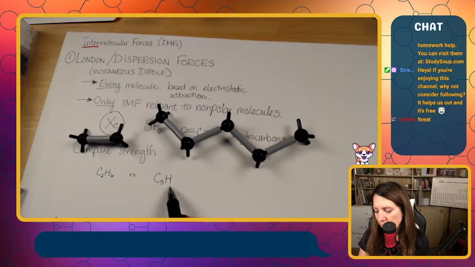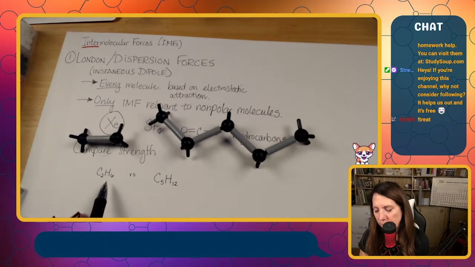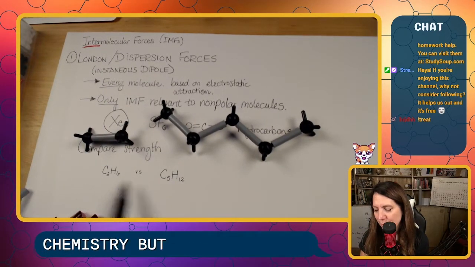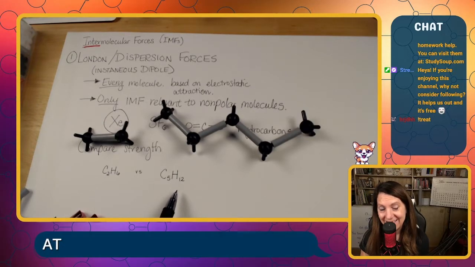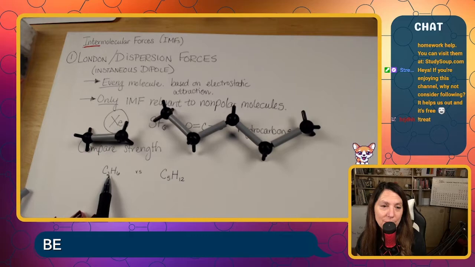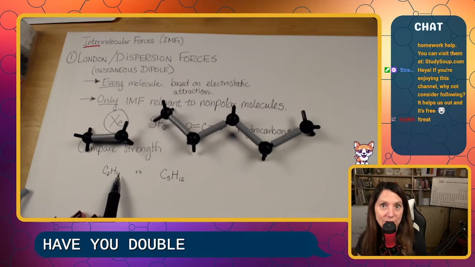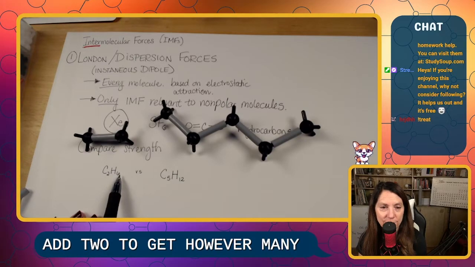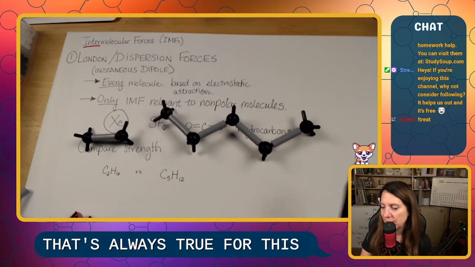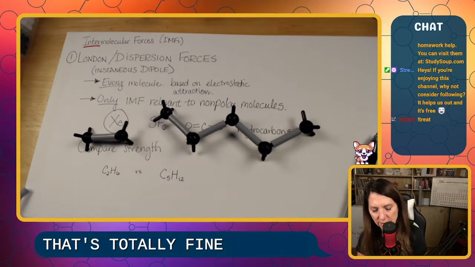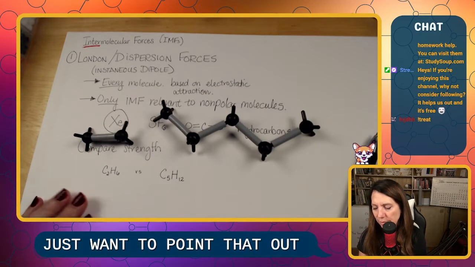Oh, and actually, I don't know how many of you out there have done organic chemistry, but the rule of thumb when you're looking at alkanes is that the formula is always going to be however many carbons you have, you double it and you add 2 to get however many hydrogens there are. So that's always true for the single bonded alkanes. If you haven't had organic yet, that's totally fine. You don't need to know that. I just wanted to point that out for those of you who did.